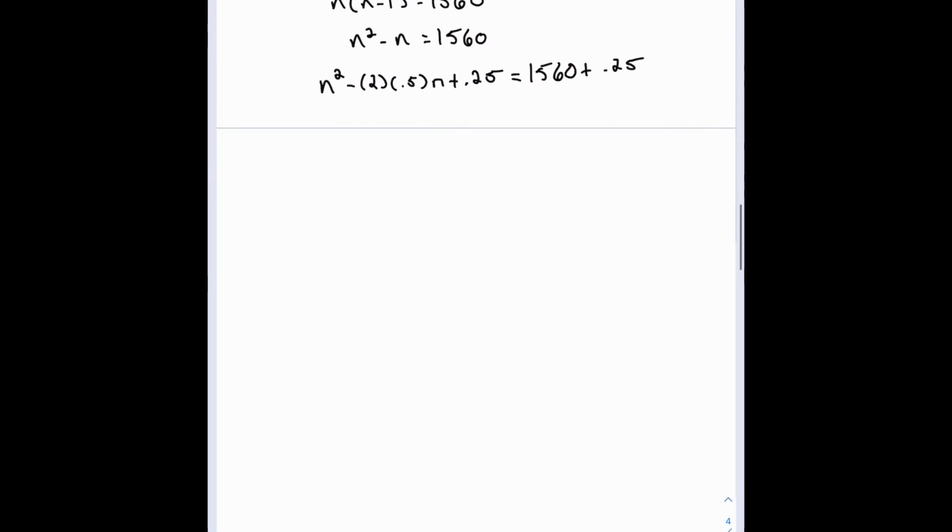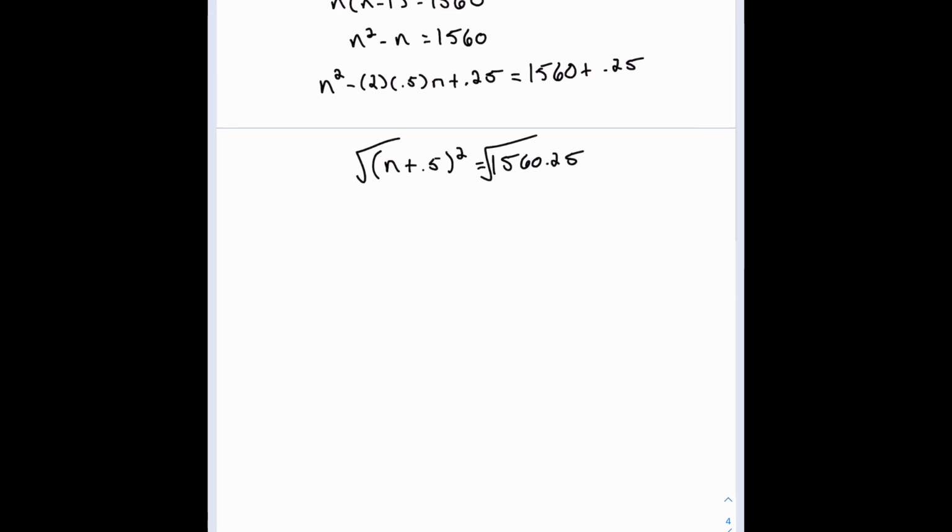So 0.5 squared is 0.25. And since we added that to one side, we have to add that to the other side. So we're left with this. Then we can factor as n plus 0.5 squared, by convention of completing the square, equals 1,560 and a fourth.